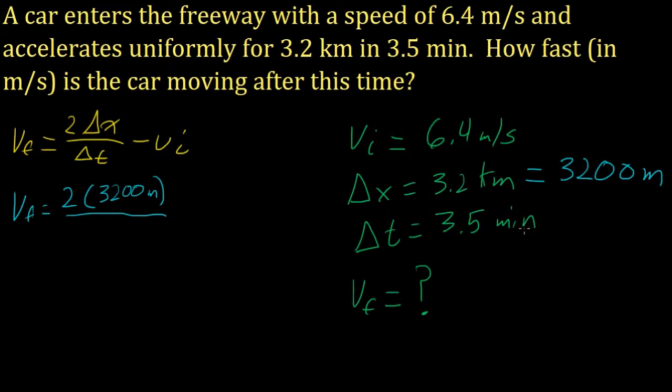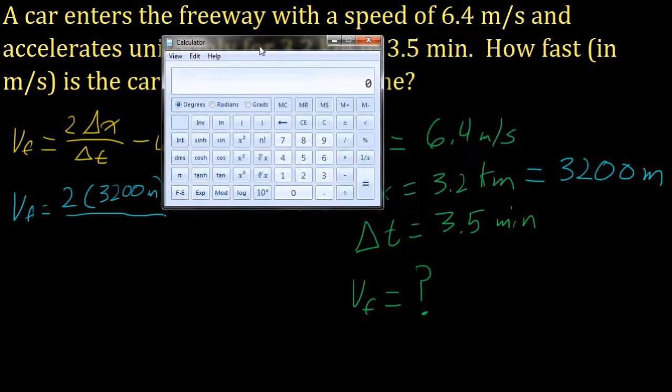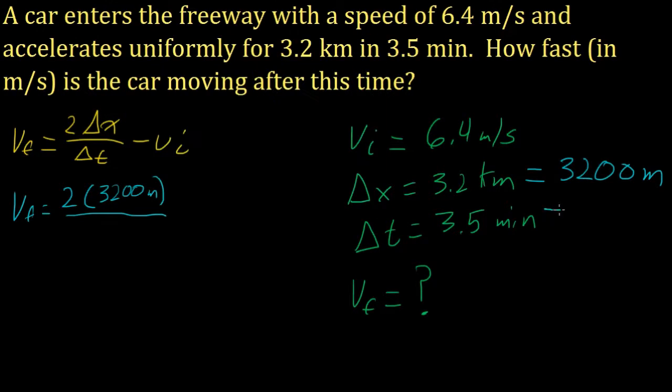Oh, but we need that to be in seconds. So we've got to convert, but that's pretty easy. We know that there are 60 seconds in a minute, so we can break out the calculator and take 3.5 minutes, multiply it by 60 seconds. If you need to do a conversion factor, great, but I assume you all know there are 60 seconds in a minute, and we get 210 seconds. Okay.